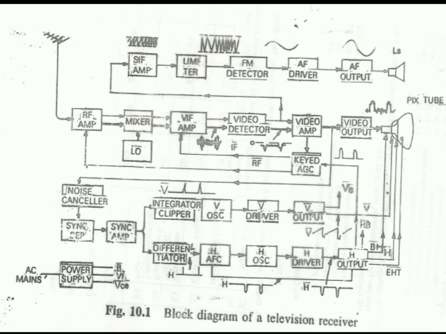In the video detector, the signal is demodulated. In the process of transmission, we modulated the signal, and now we have to demodulate it, because we have to get back the original information that was transmitted. So the opposite process of modulation, that is demodulation, is performed at the receiver side.